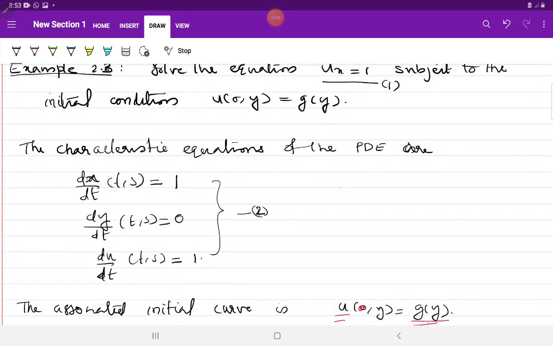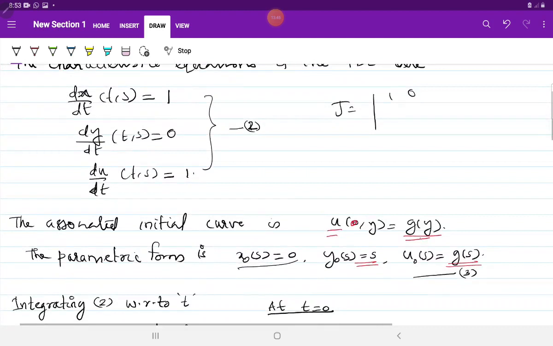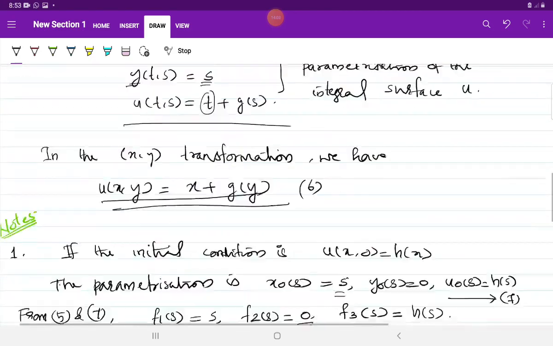This is because if we consider the Jacobian here, dx naught by ds is 0 and dy naught by ds is 1. So 1 0 0 1, whose determinant is equal to 1, which is not equal to 0. That means the Jacobian is invertible.